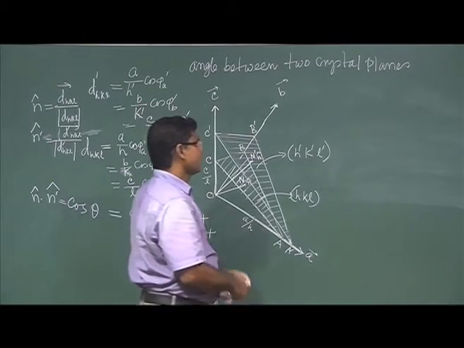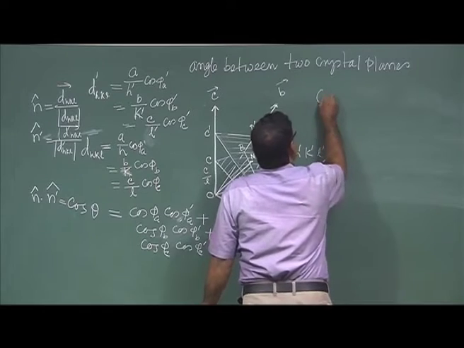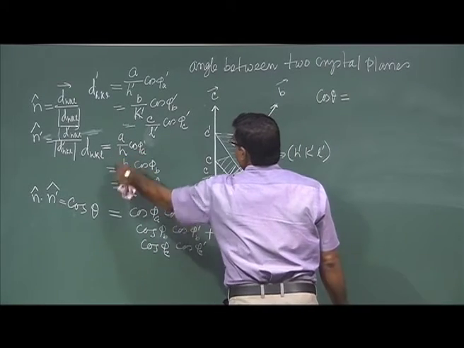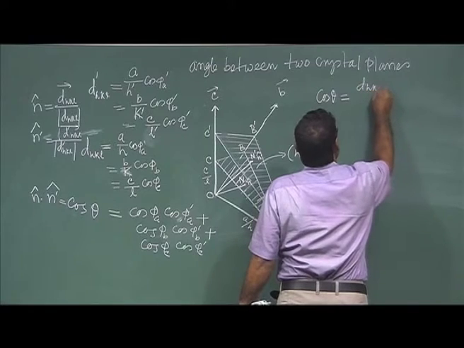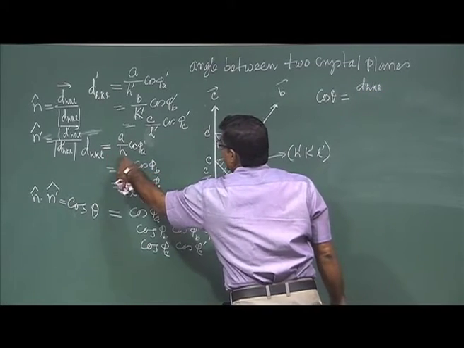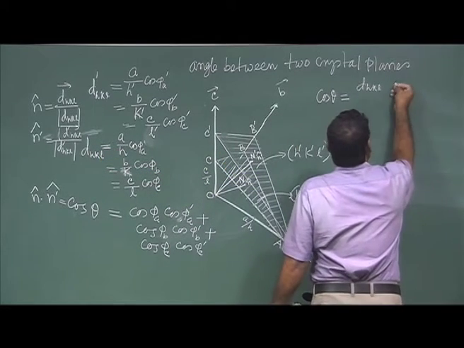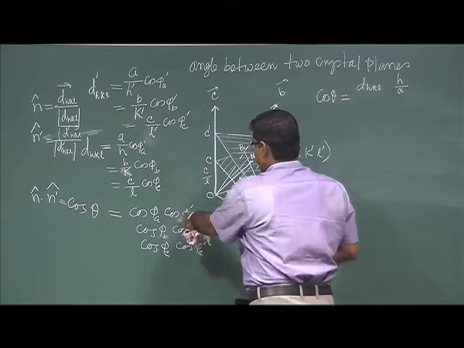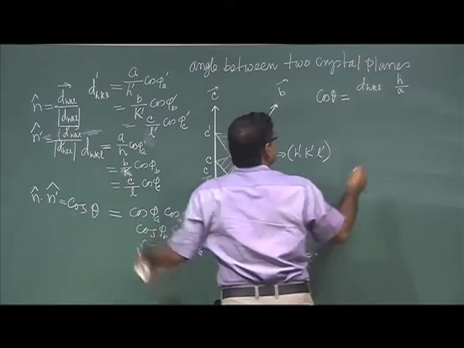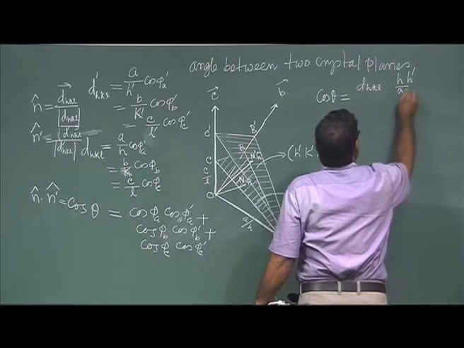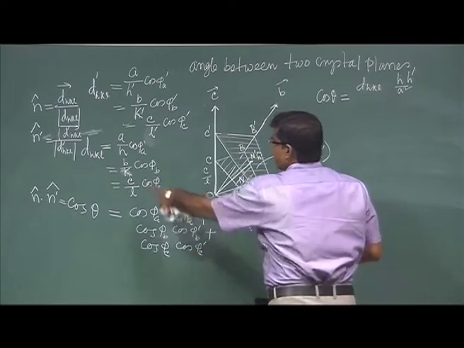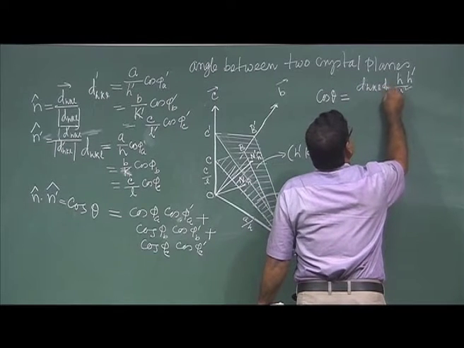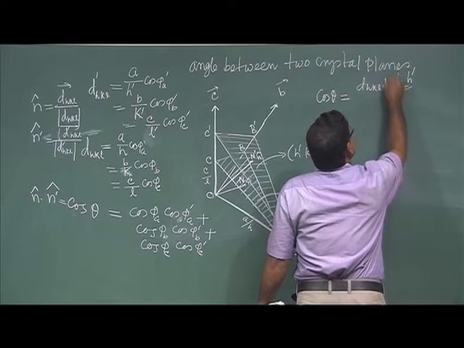So, if you put this value here, cos theta will be, for cos phi a, you will get D H K L, H by A, and for phi dash you will get basically H dash by A square, and D H K L dash, right.